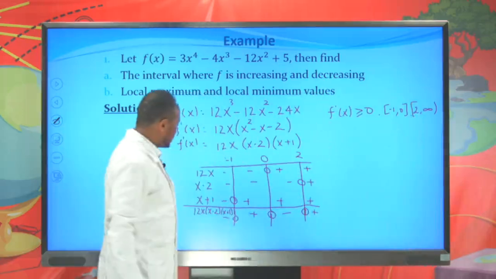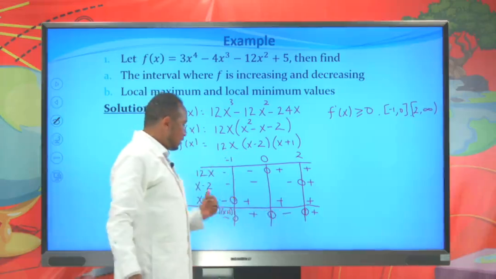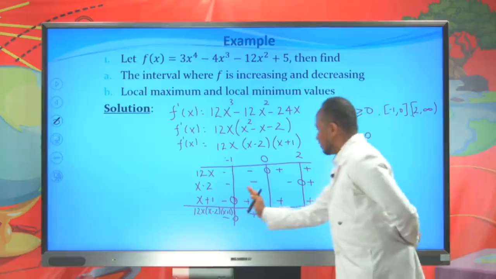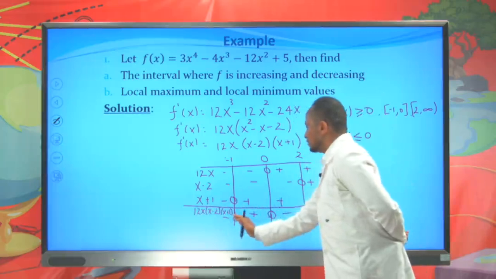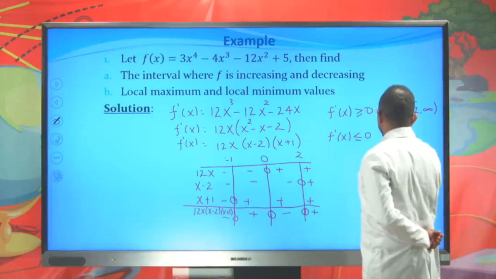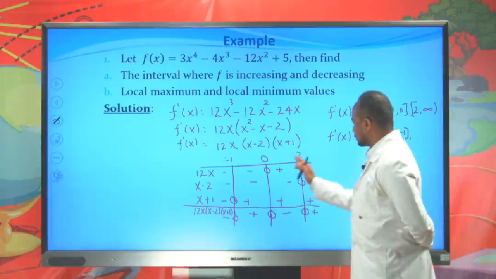And the derivative of our function f of x is negative on this interval. The derivative is less than or equal to 0 for the intervals from -infinity up to -1, and from 0 to 2.